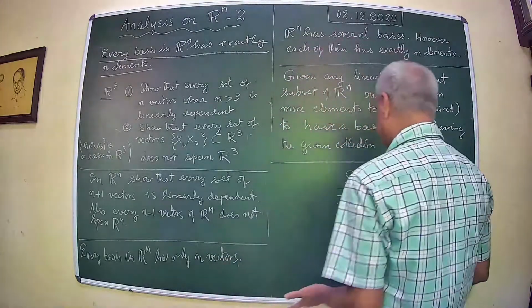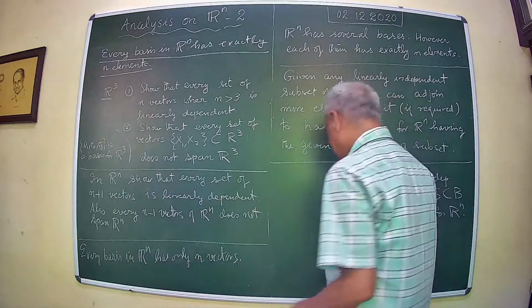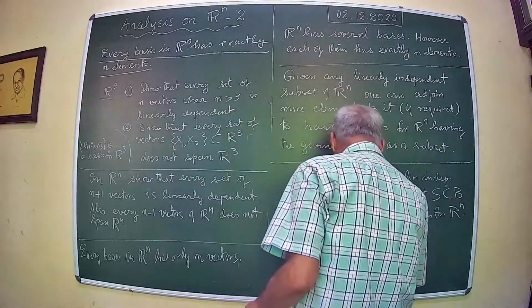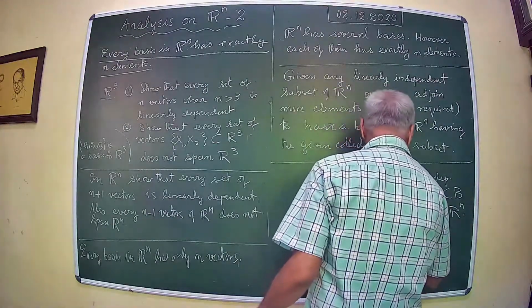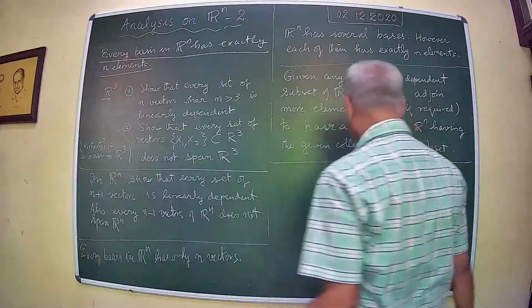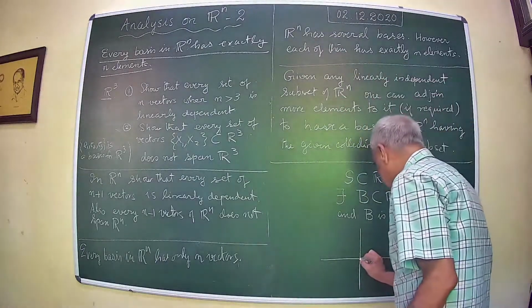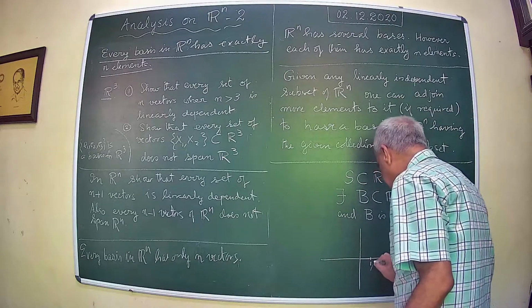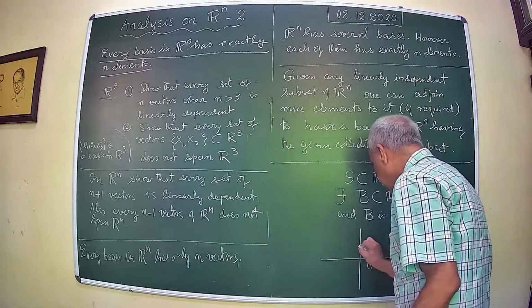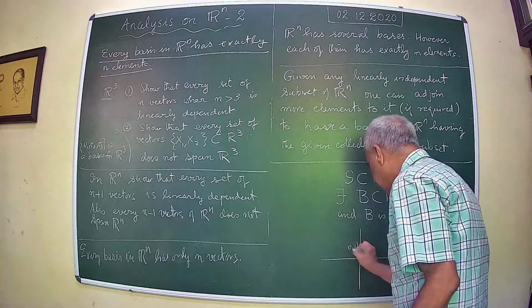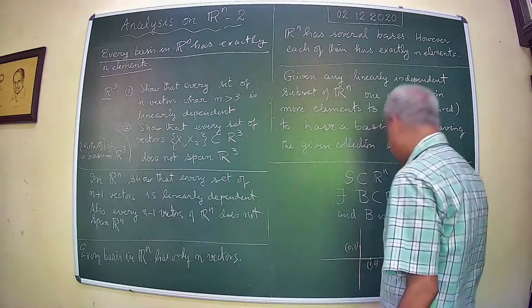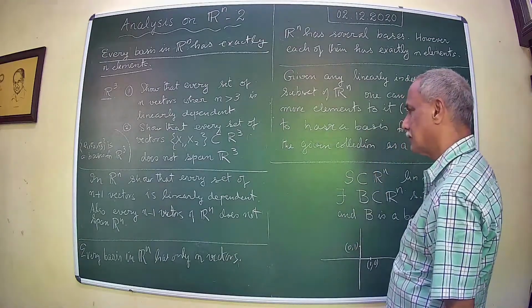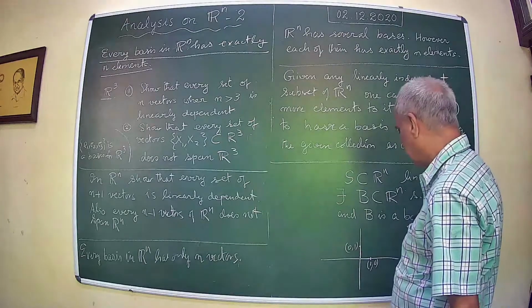So in R3 or in R2, let us say, it is easy. So you see that the vector 1 0, the vector 0 1 is a basis. It's a basis. Okay?